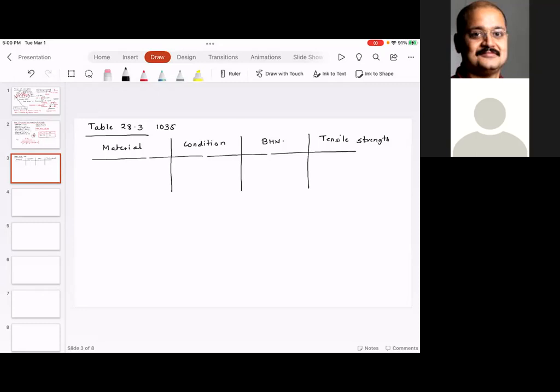Now, let's talk about, if you were to design the gear, what is the fundamental failure mode of gear? So let me draw a very simple sketch for the gear. Okay. So you have this gear, something like this.